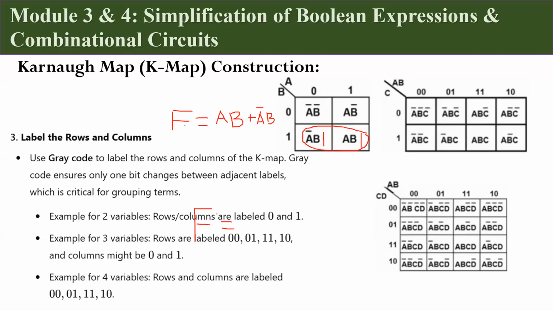A is common? What is common? B. B is common. So B is common. The minimized function here is just B.